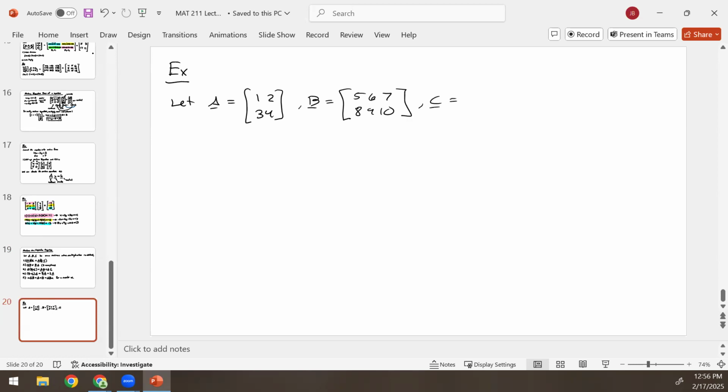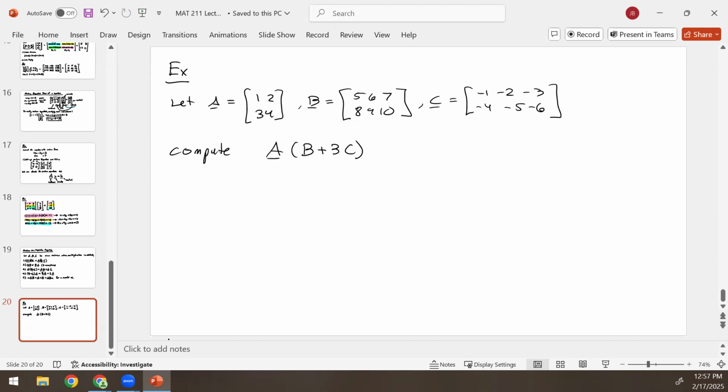And C be equal to -1, -2, -3, -4, -5, -6. And we're going to use the calculator for this one just so that we can practice one more time. Compute A times B plus 3C. Right? What if I want to do something like that?